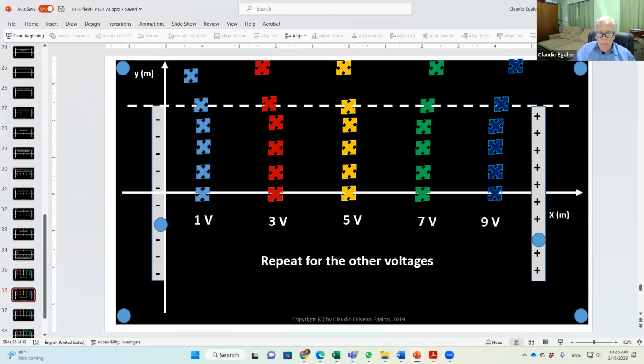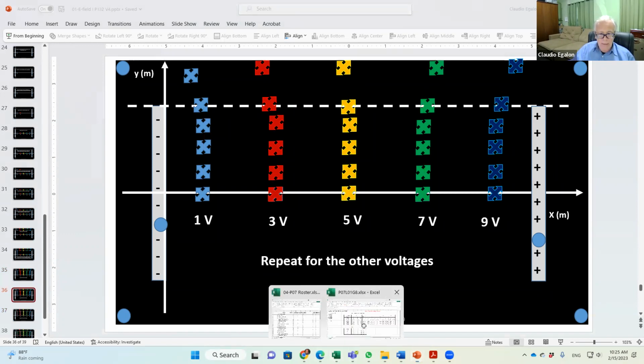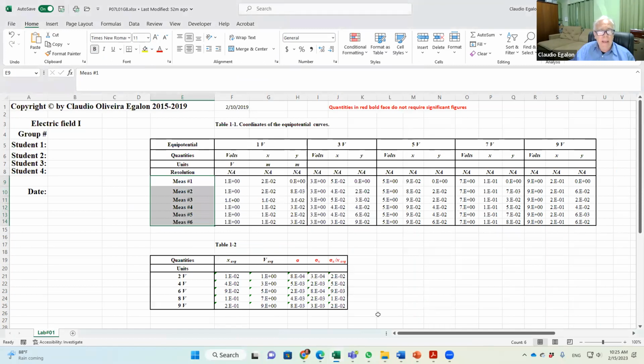So walk with me. Not everybody knows how to do that. We are going to do it step by step. Highlight the first X and Y. Don't highlight the voltage. Go ahead, everybody do that, please.